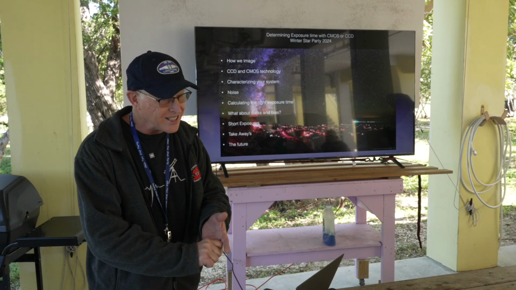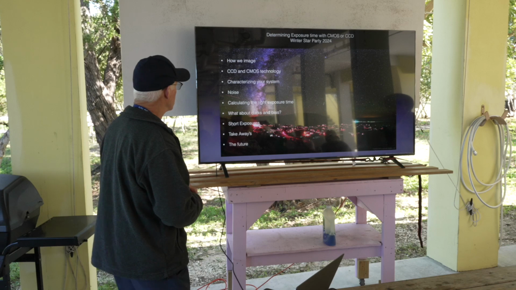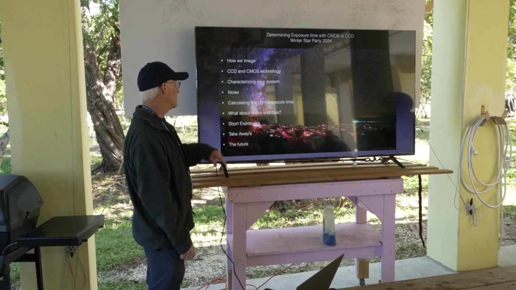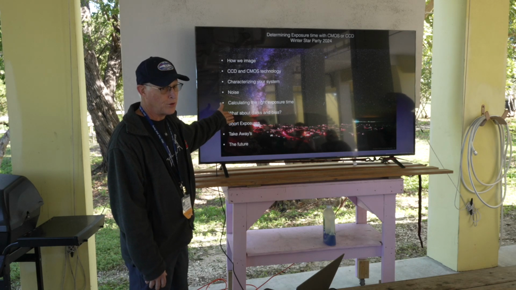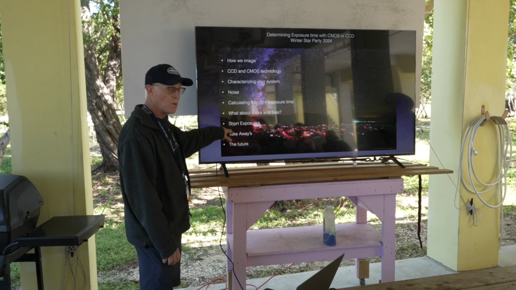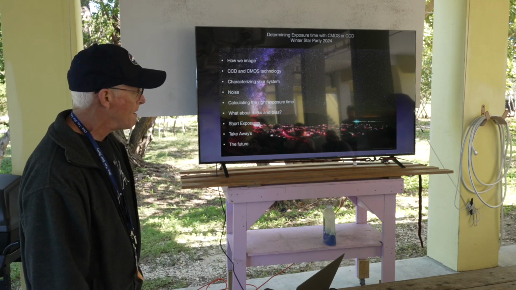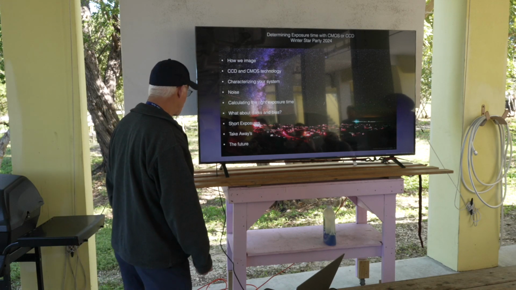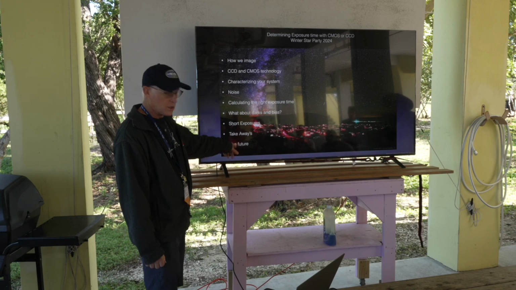Some of the technical details that you need to know so you can run them through a couple of these numbers, to go about calculating that exposure time. Do you need to take darks and bias frames, especially if you use one of these brand new high-tech CMOS cameras? Short exposures: can you get by with shooting stuff really short? I think I've got some interesting things to show you about that. And then some takeaways, and what's going to happen in the future.